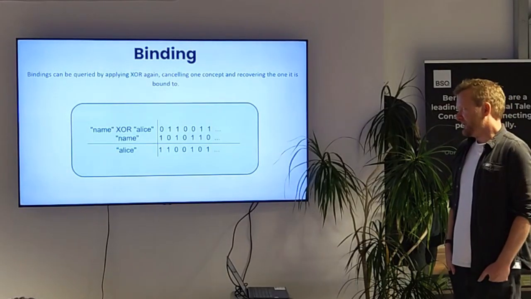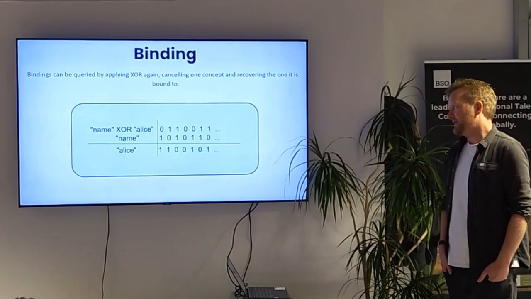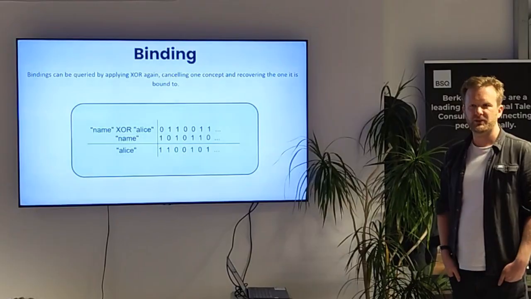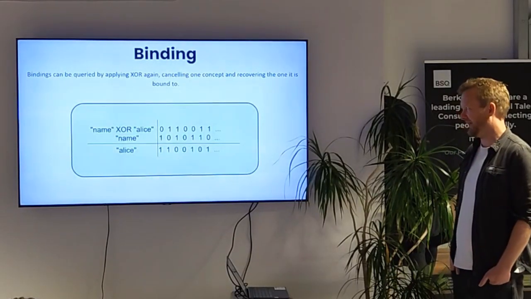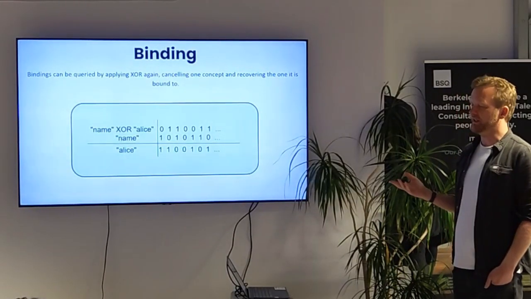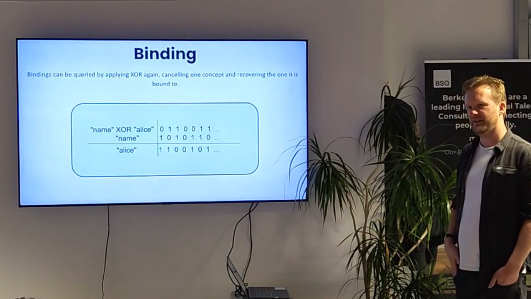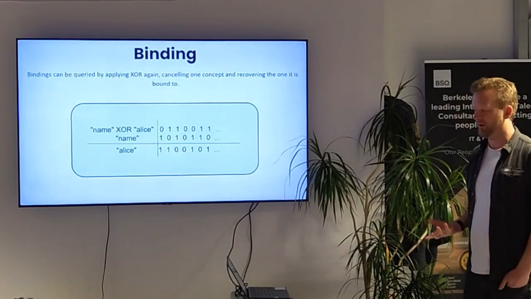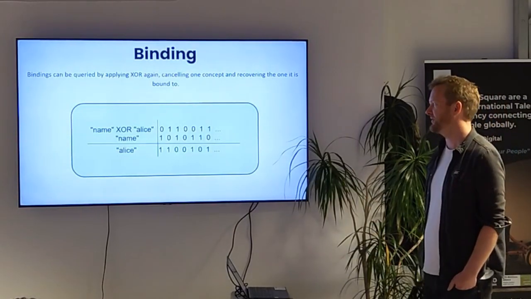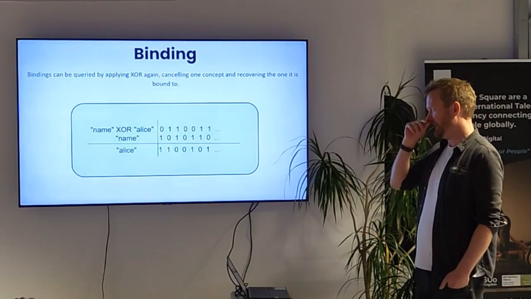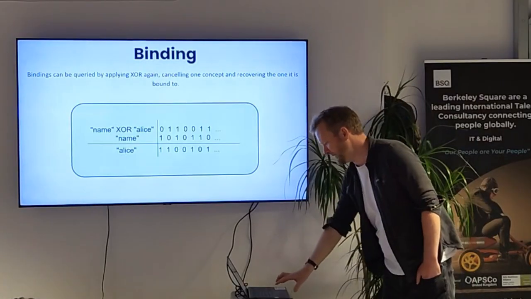What's really remarkable about this is that if name and Alice is corrupted, so if I gave you the vector which is Alice and name, and it's corrupted, you could still do this. What you get is Alice plus noise out the other end, and you could use the cleanup memory approach, whichever you choose, Euclidean distance or cosine, to retrieve what it was actually meant to be.